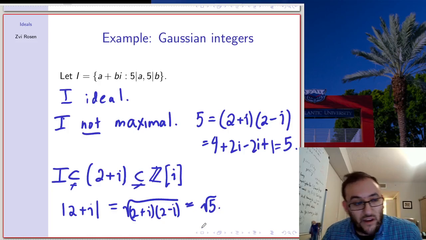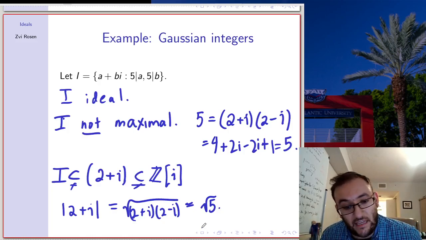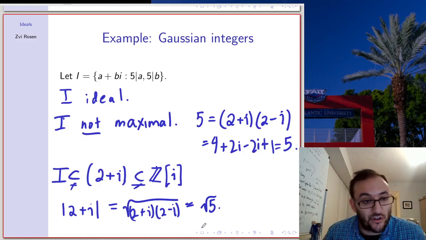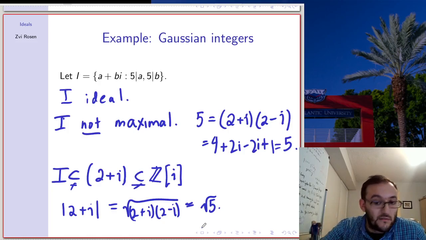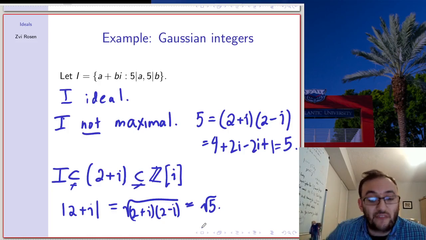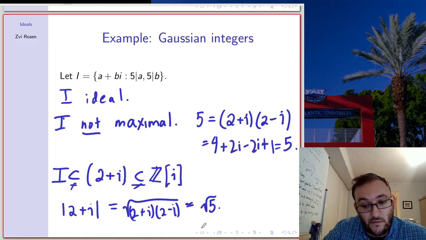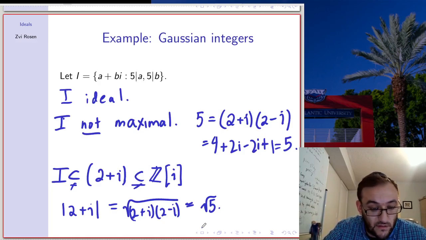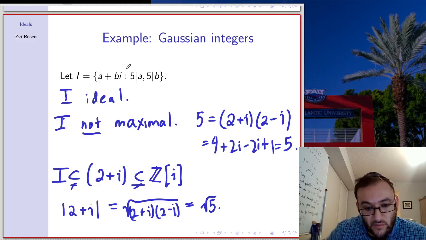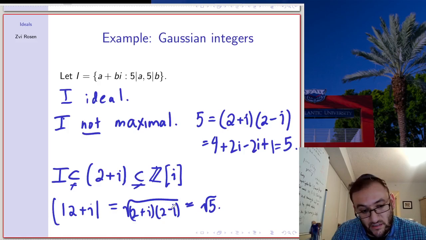And whenever I multiply by any Gaussian integer, that's going to either get larger or stay the same. So I'll never be able to make it smaller and produce an inverse that gives you 1. It gives you the unit, because that has norm 1, which is smaller than the square root of 5. Okay, but that we'll discuss in more detail later.